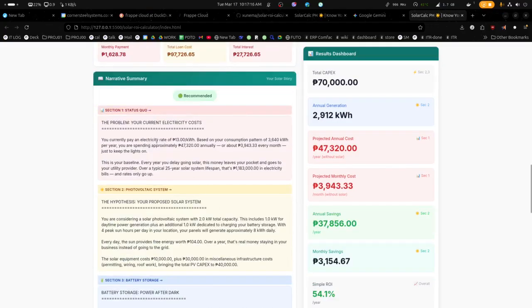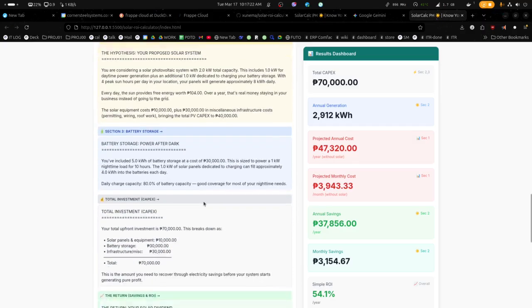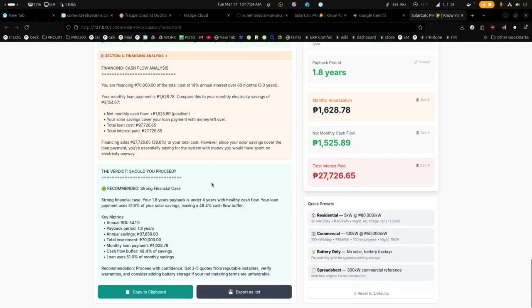and of course, the system updates all of this to show the story, and then you can copy this text to clipboard.